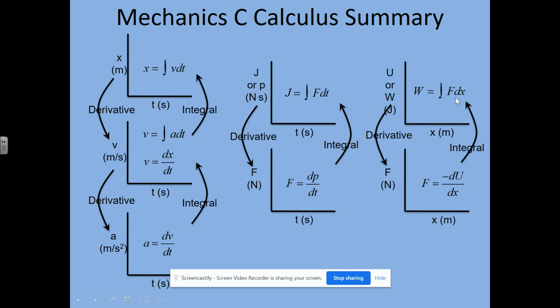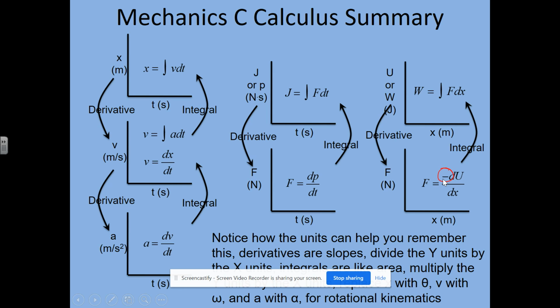And so something to note about this, I want you to notice right here, this little negative sign. That little negative sign is important, and that's something that a lot of students miss. So something that can help you with this, if you're not quite sure, you can take a screenshot of this or make a note card or flashcard with this.